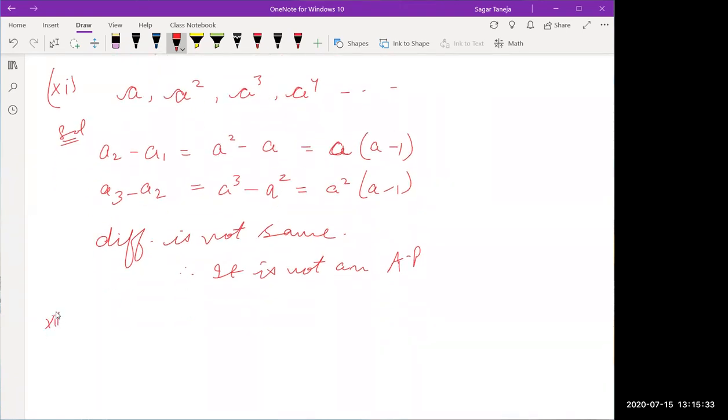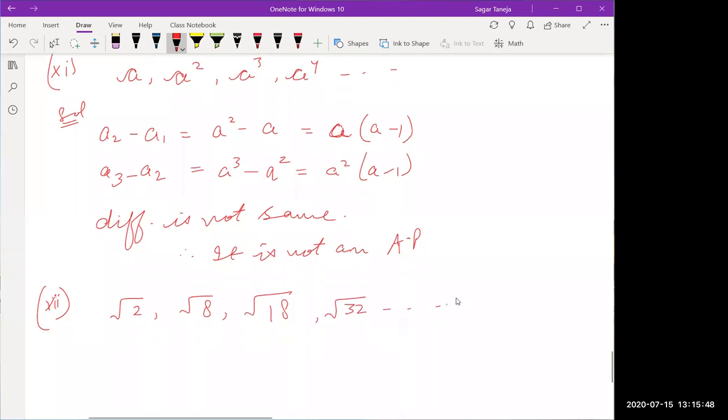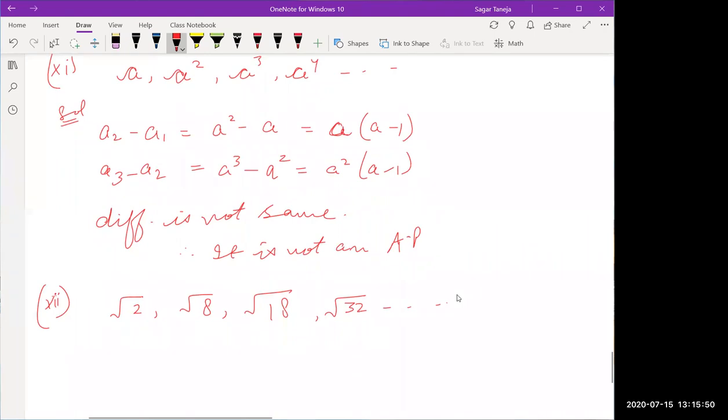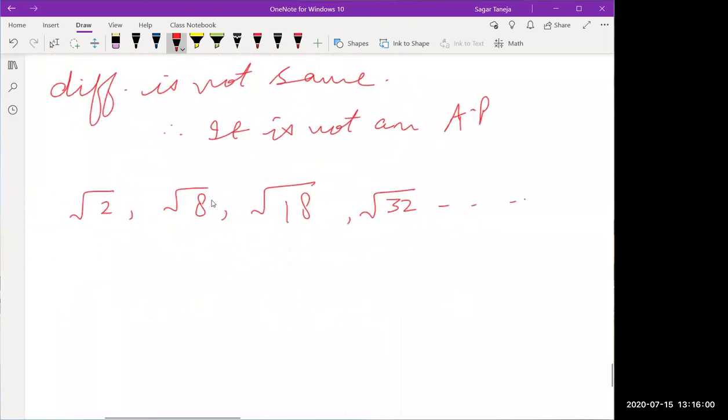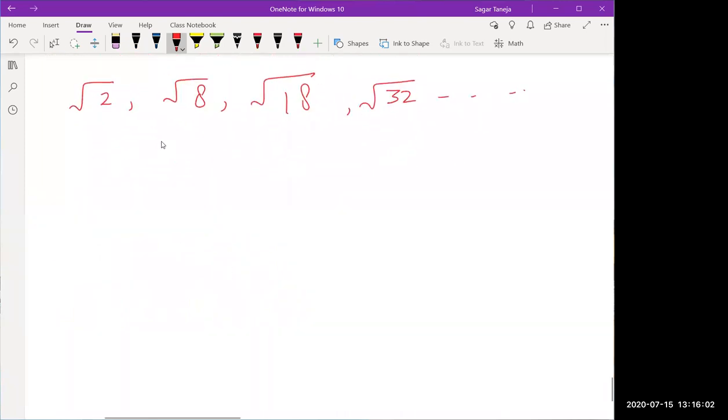Let us solve one more part, that is 12th. Root 2, root 8, root 18, root 32. If a question comes like this, then we need to simplify the roots first of all.